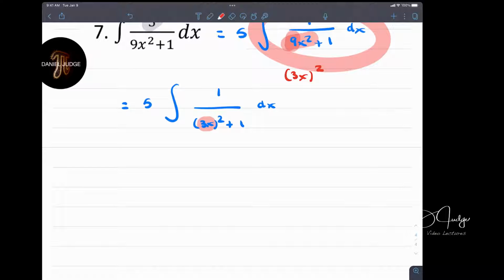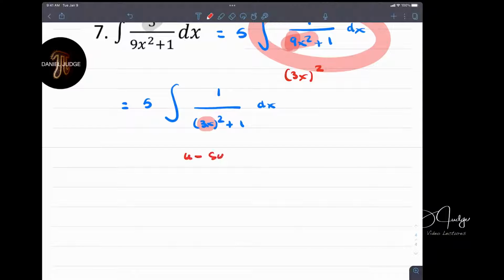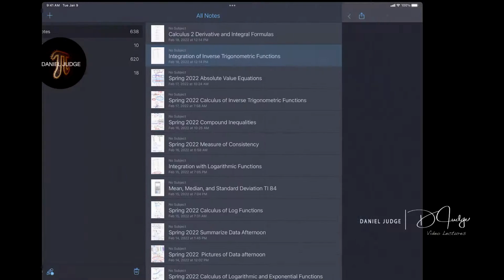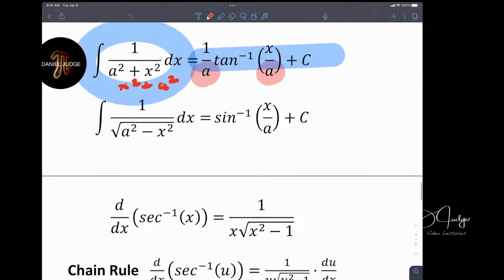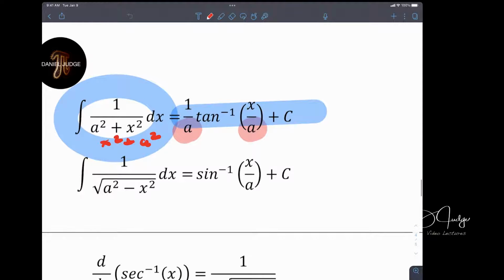Now, the reason you do this is because you're going to use U-substitution, where U here is that 3x. This is going to be your U. Okay, because you have a U-substitution formula here. This version down here, let's find it.